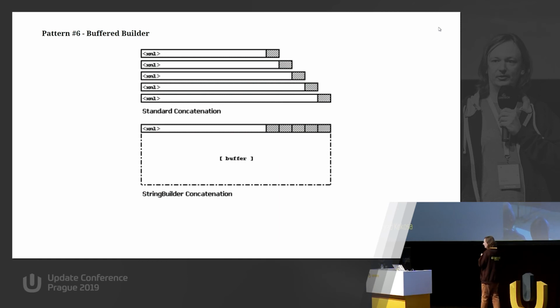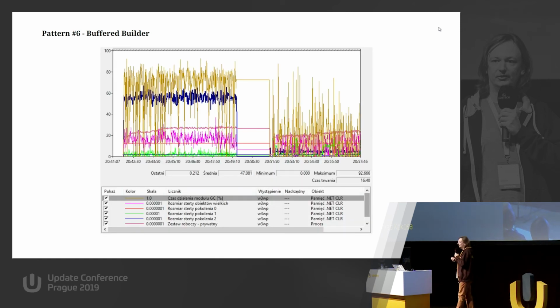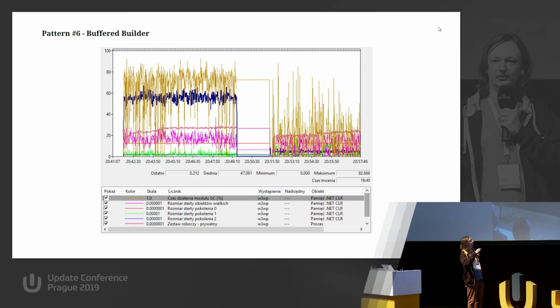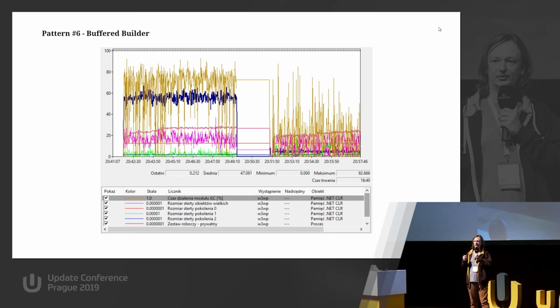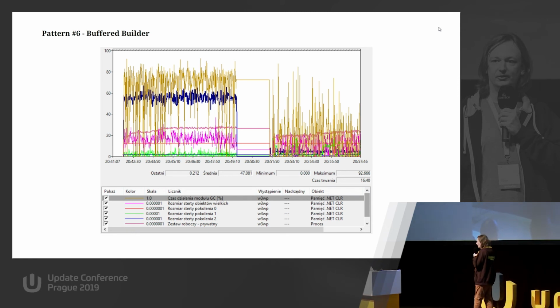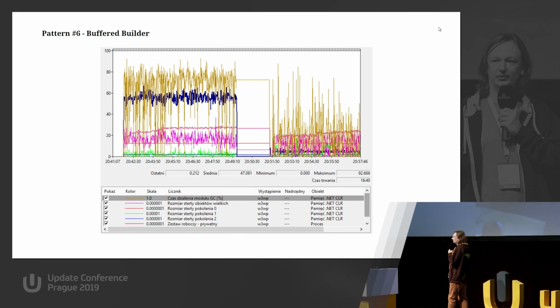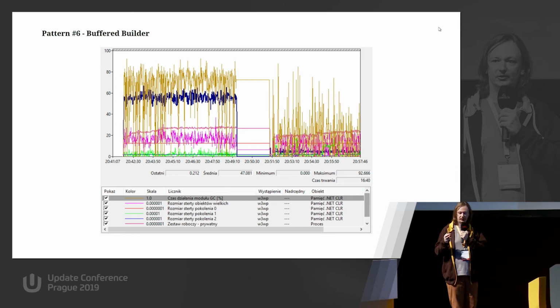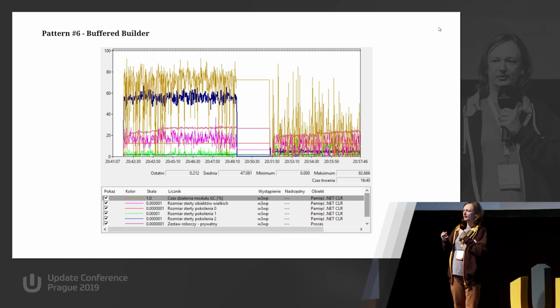And the results, when we measure them, are tremendously different. Here it is in Polish, unfortunately, I forgot to change that. But in the left part there is a load test, and the orange line is the GC overhead, percent time in GC. There is such a performance counter. And as we see, in the case of string concatenation, during the load test, on average 60% of the process was in the GC.